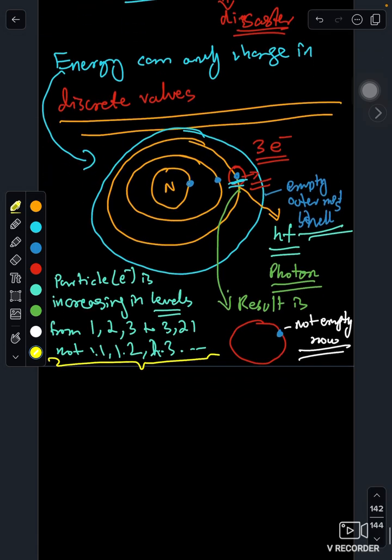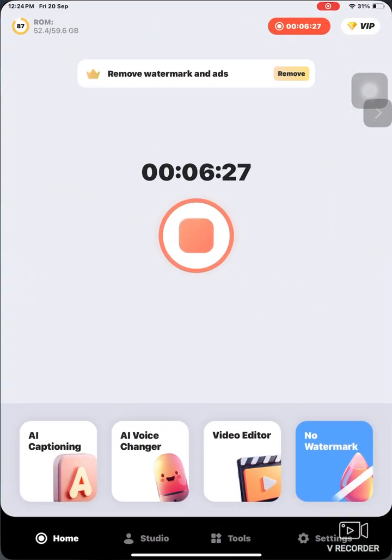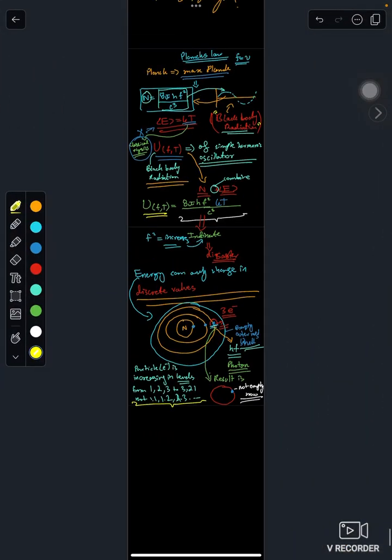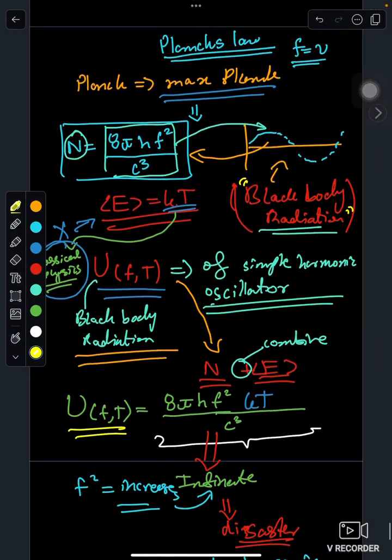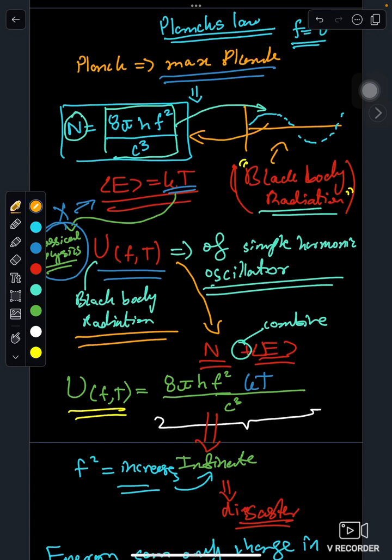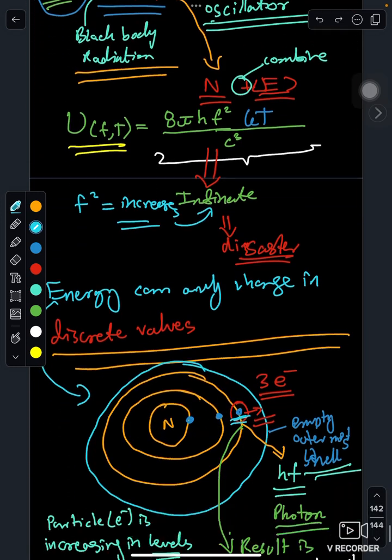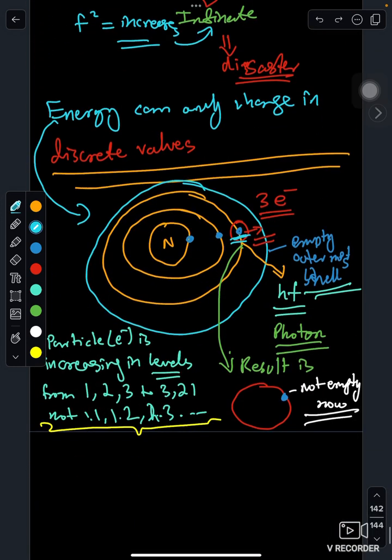When we talk about more things about Planck's constant, this method over here is correct. The mode calculated using the mode calculation of this oscillation is correct, but the problem arises in that energy is not continuous, it only changes in discrete values.